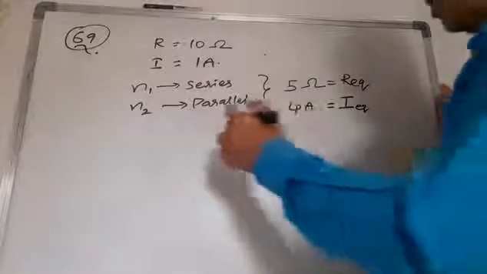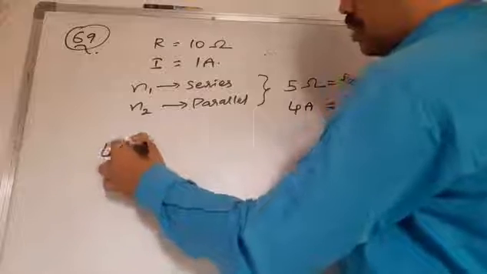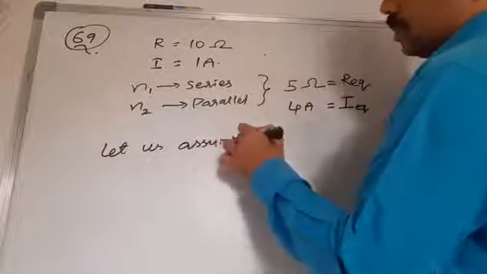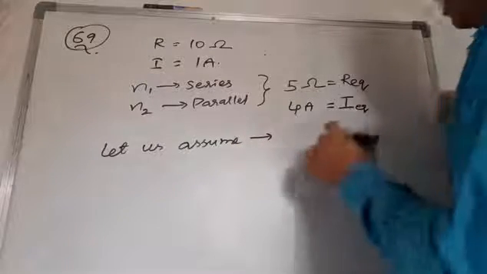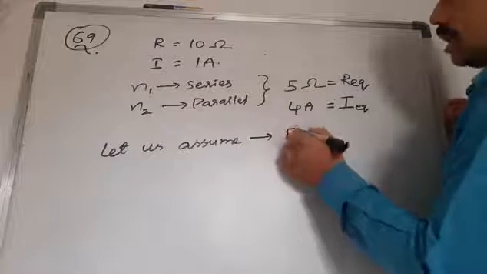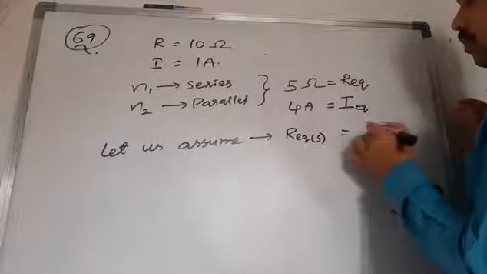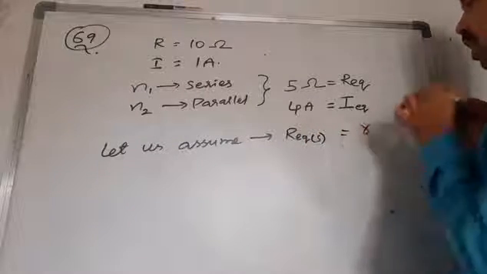So let us assume that the equivalent resistance in series is equal to small r.